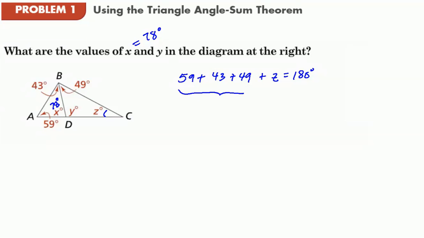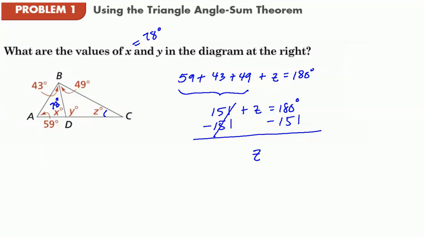So these three angles will add up to 151 degrees plus z equals 180. We want to subtract 151 on both sides. So z is going to equal 29 degrees. So now that we have z, we can go ahead and put that right here.